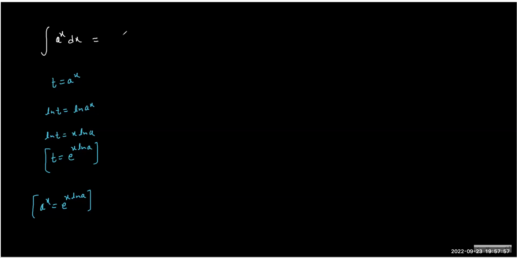So this we can write as e power ln a into x. And what is the answer for e power kx if you remember? Because ln a is constant. So we have done this now. What was the answer, guys? Tell me. What is the integration of e power kx? Am I audible? Yes, sir.